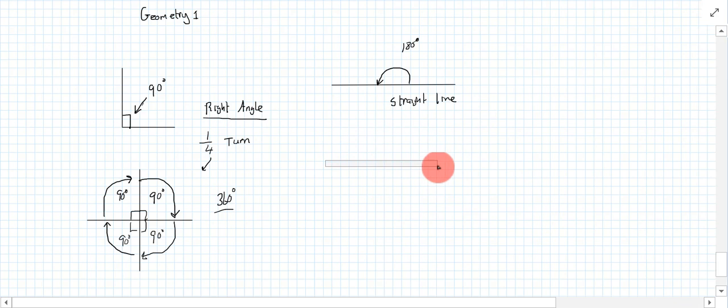If we have something like this as well, imagine we have a line like so, and then we have another line passing through it like so, and it's forming a right angle. So these two lines here, this line and this line, are what's called perpendicular.